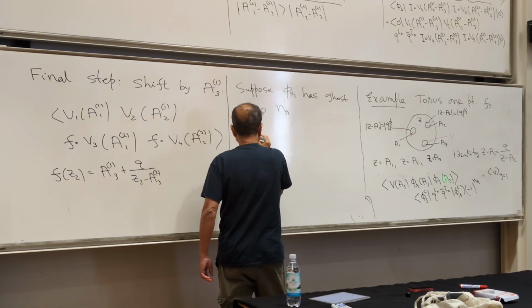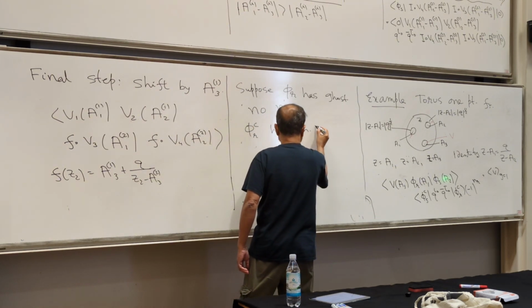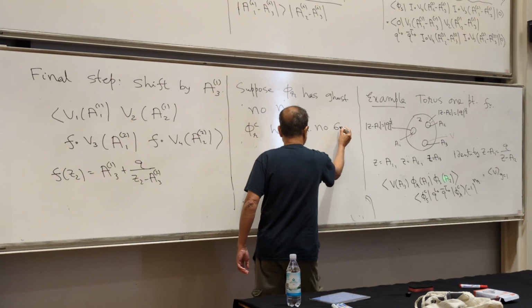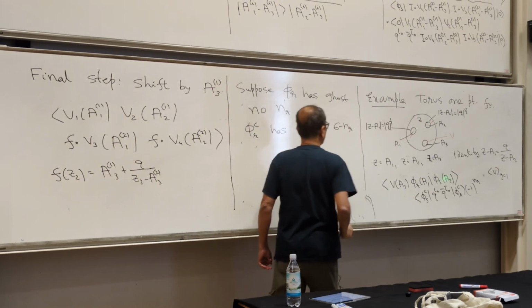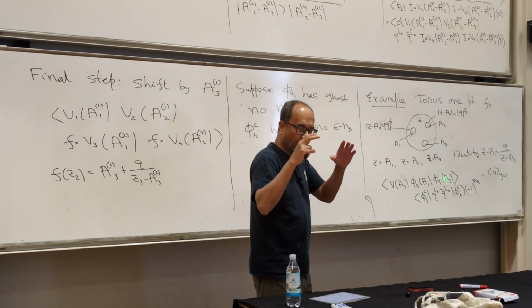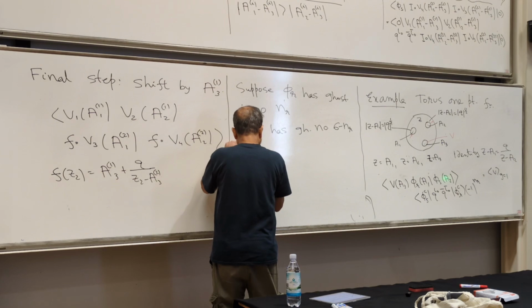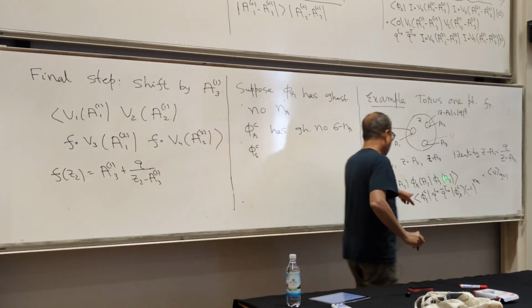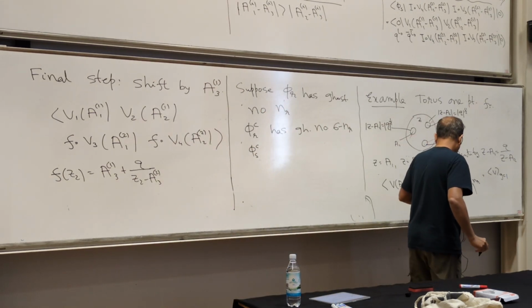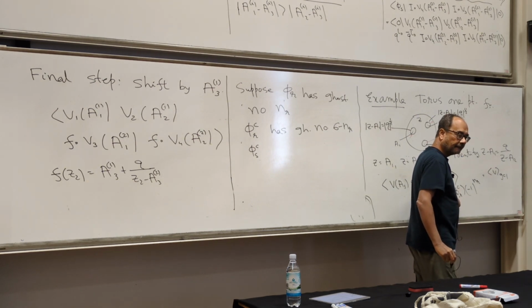Then phi r c has Grassmann number 6 minus nr, right? Because the total Grassmann number of phi r and phi r c has to add up to 6 because they have non-zero inner product. Then phi s c, in order that this is non-zero, the Grassmann number of phi s c and phi r c has to add up to 6.